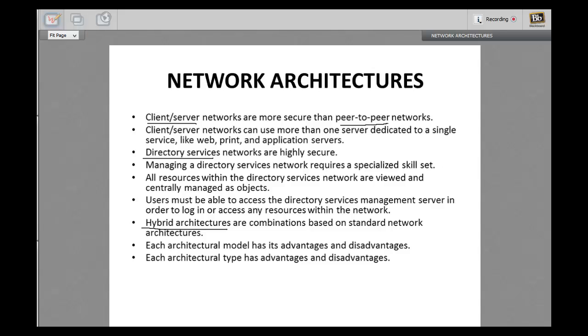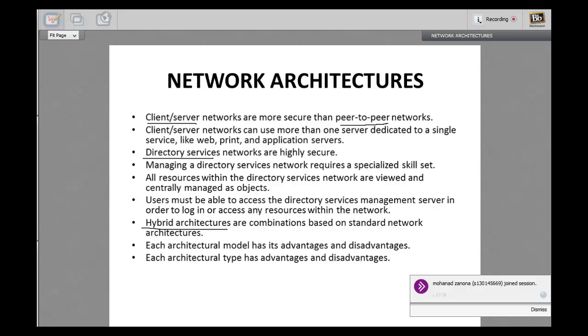Managing a directory service network requires a specialized skill set from the workers. Peer-to-peer does not require any specialized people. Client-server requires some knowledge of network administration. But directory service requires a highly skilled person.